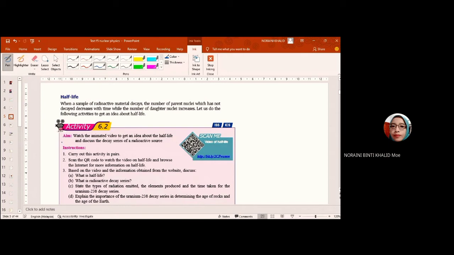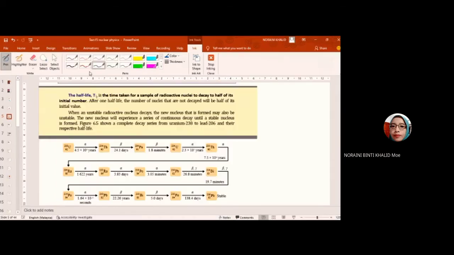Let's look at the definition. What is half-life? When a sample of radioactive material decays, the number of parent nuclei which have not decayed decreases with time, while the number of daughter nuclei increases. Let us do the following activities to get an idea about half-life.